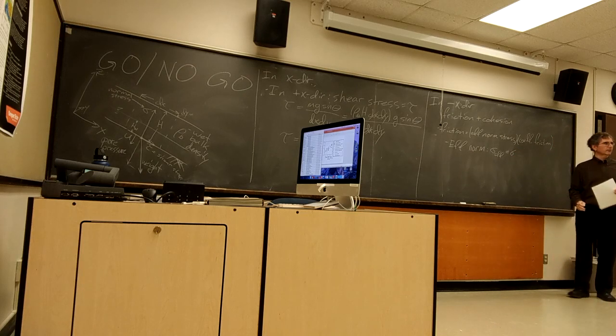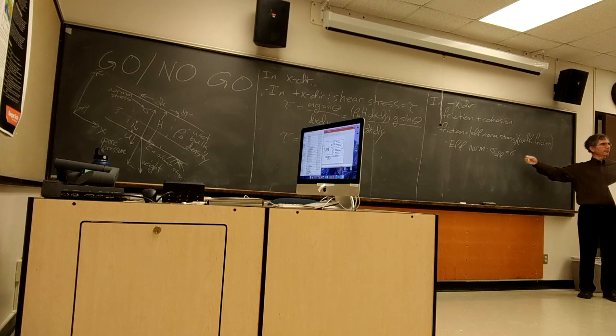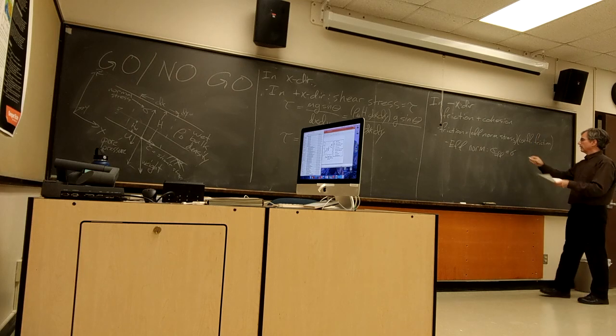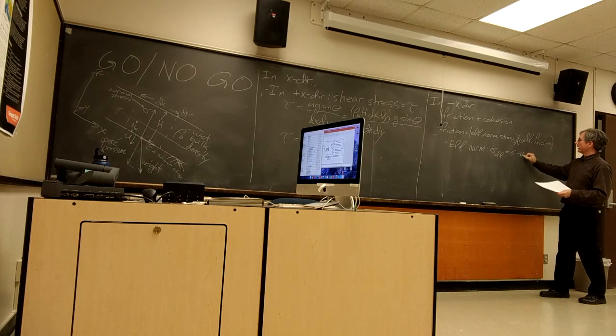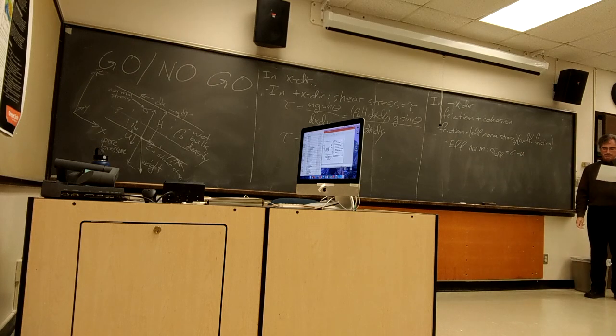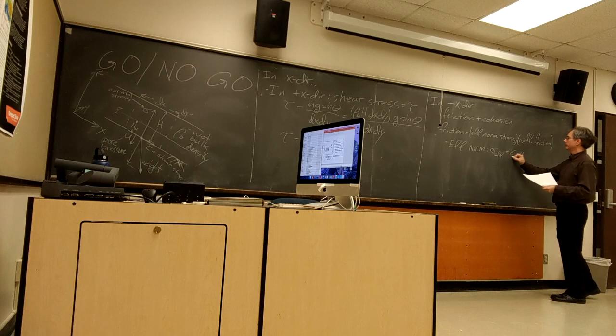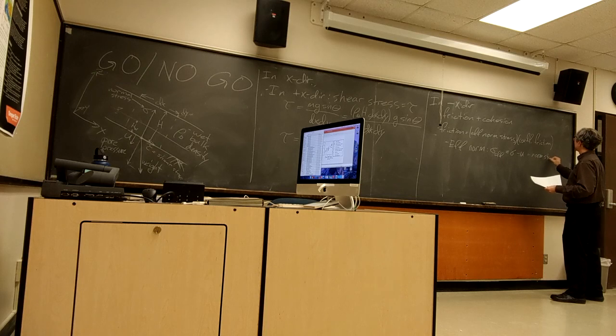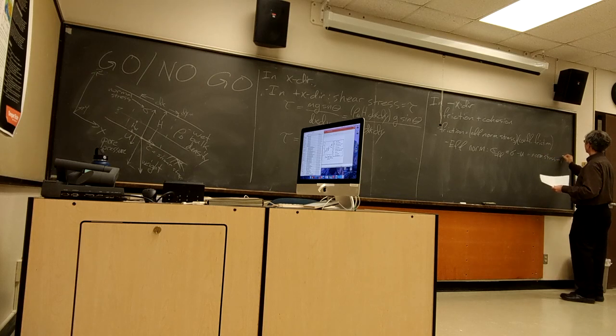actual sigma, that is equal to the slope normal component of the weight of the material, but I've got to subtract my portion. So it's normal stress minus pore pressure.